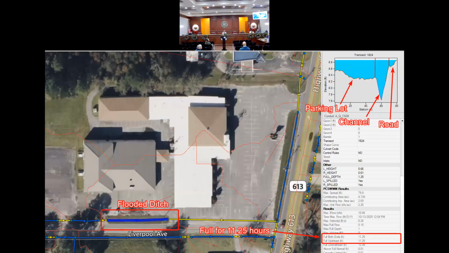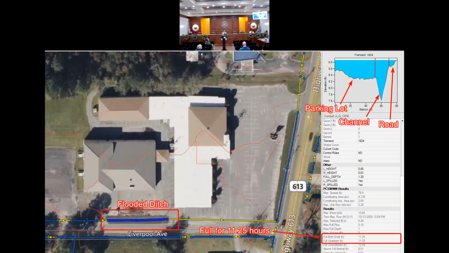So this is just a screenshot of the model for a realistic representation of what's going on. This is in our north area, at a noted problem area at a church at the intersection of Liverpool Avenue and Highway 613. And for this demonstration, I'm focusing in on that boxed flooded ditch to the left.